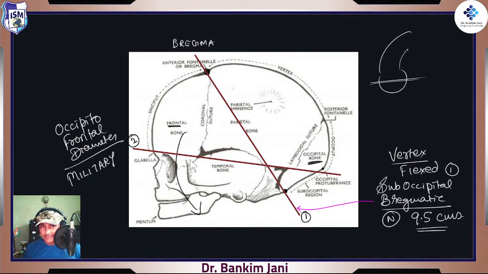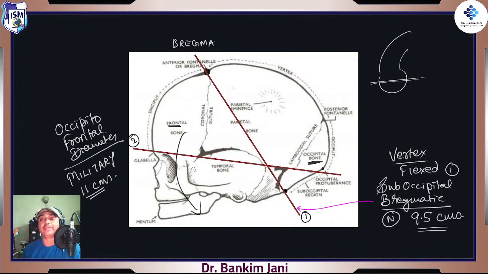But the trouble is, the diameter has increased. This is 11 centimeters, so this is not going to be easy. Though it is like a vertex presentation, this is the occipitofrontal diameter.